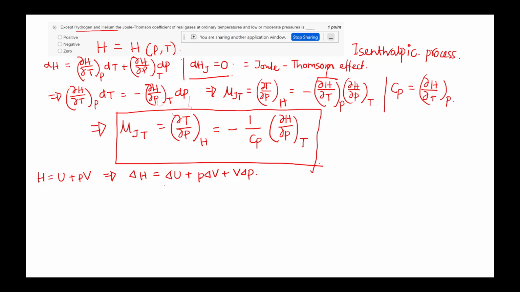Now these two terms, dU plus P dV, we know is T dS, or if you write it in terms of V dP.